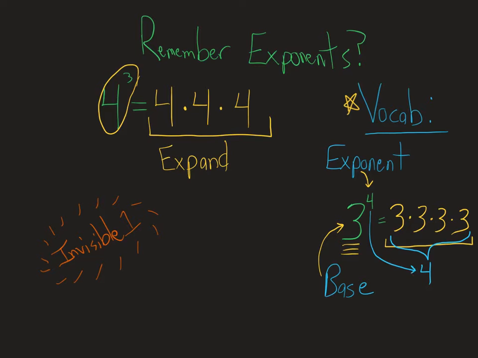It tells us I'm multiplying a bunch of the base number together. And how many am I multiplying? I'm multiplying that many of them together. Back up here to the original. The base was 4, so I'm multiplying 4s together. And how many of those 4s am I multiplying? I'm multiplying 3 of them. Okay? That's what the problem tells us.